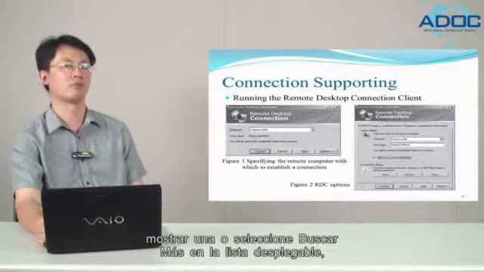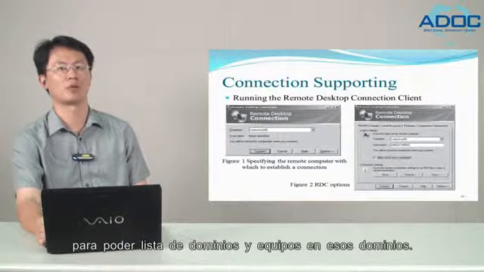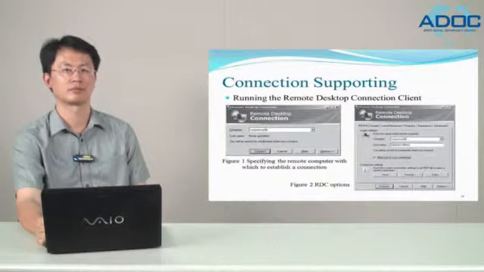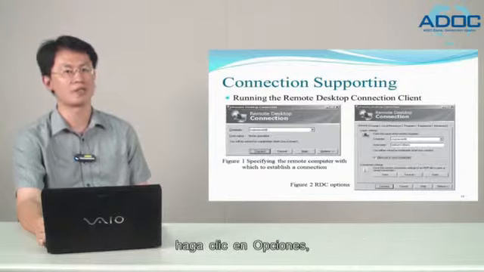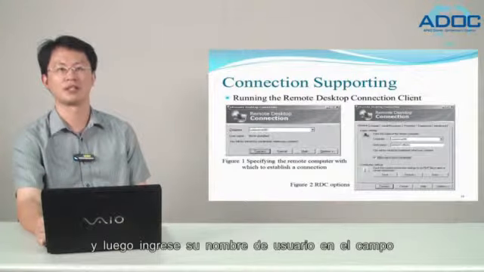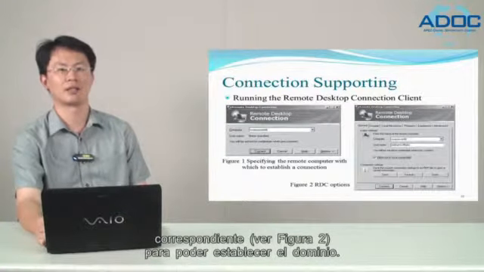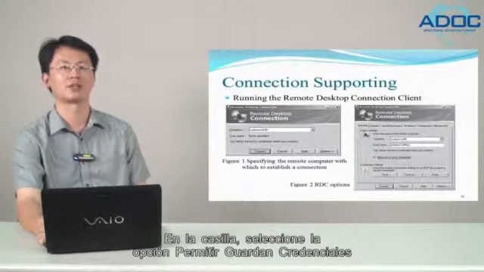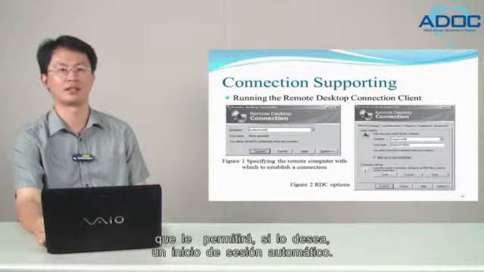Or select Browse for More in the drop-down list to display a list of domains and computers in those domains. If you want to use different account information, click Options and then enter your username in the field provided. To set the domain, select the Allow Me to Save Credentials checkbox to enable automatic logon if desired.